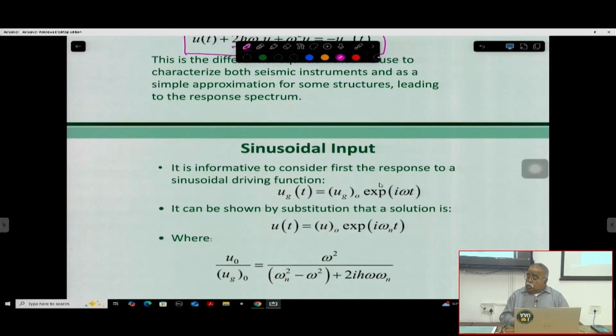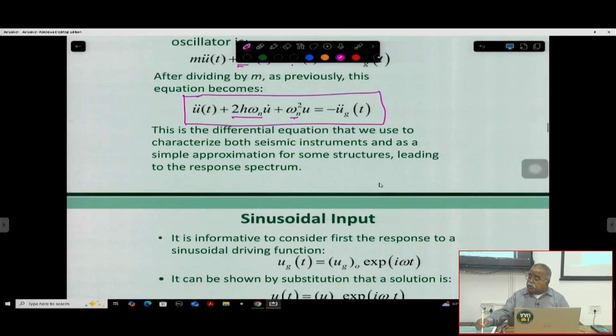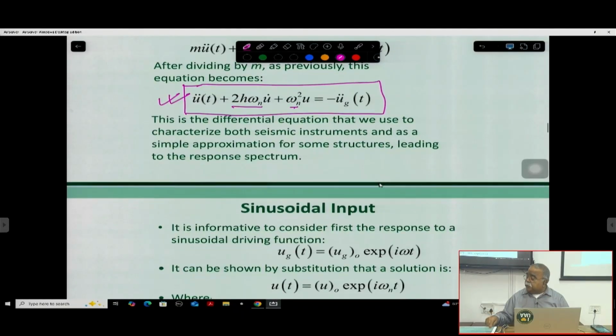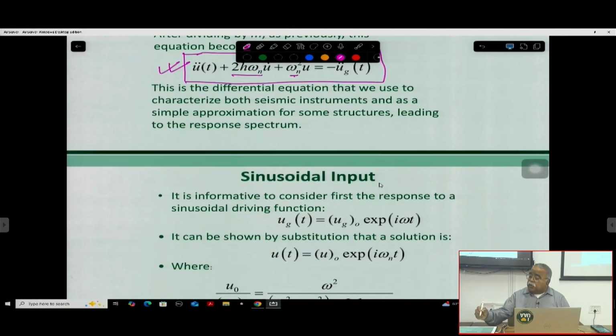Now, if you have this equation, let us understand how to proceed, right? This is the natural frequency of the system, but you are giving an input, the ground motion, that has a frequency of omega. So omega is the frequency of the ground motion. Don't get confused between omega and omega n.